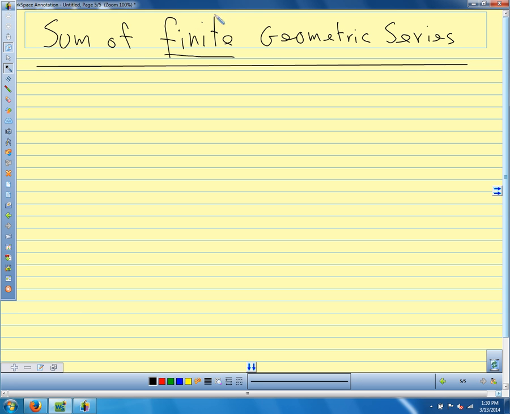And we'll use this formula that we come up with for this one to come up with the sum of an infinite geometric series. And we've found the sum of a couple of infinite geometric series already.